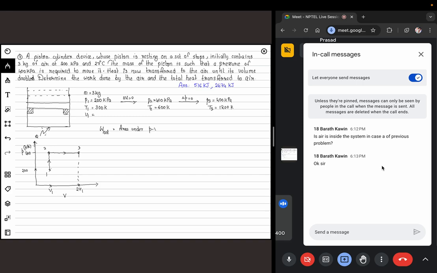I am saying it is the area under the PV curve because work done is defined as integral P dV. So integral P dV is like integral f of x dx, which is essentially the area covered by f of x in that domain. So in this case, area is the final pressure P2 times (2V1 minus V1).